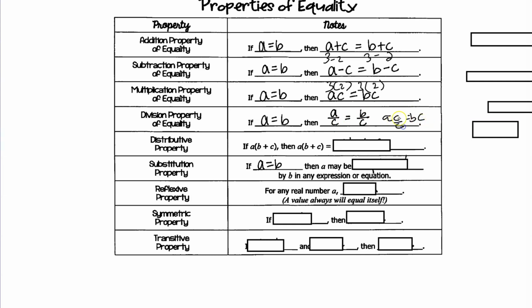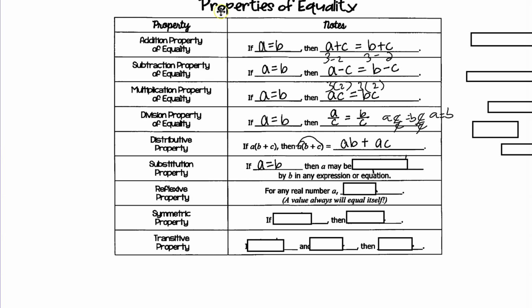If I divide by C, those go away, which just leaves me A equals B. Distributive property: A times (B plus C) equals AB plus AC. That's just distribution. You learned that in algebra.